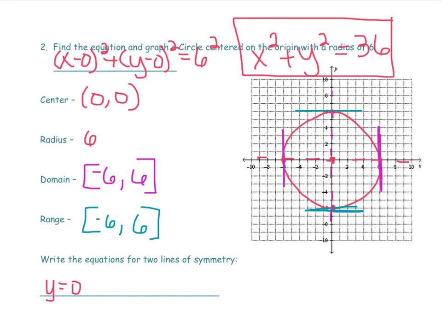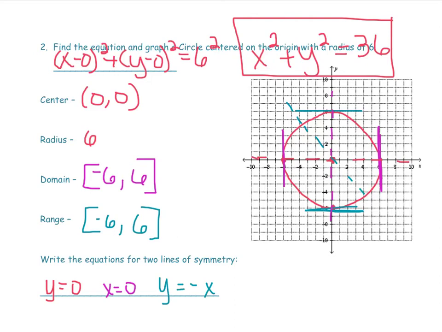Again, remember it has to go through the center. That one would be x equals 0. And now for a third one. See if I can draw this accurately, it would actually go through the origin, the center of the circle, and it would be y equals negative x.